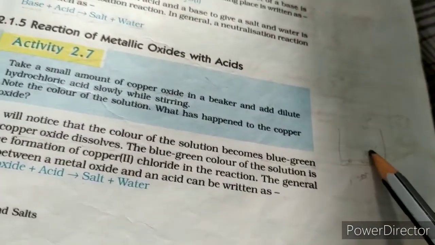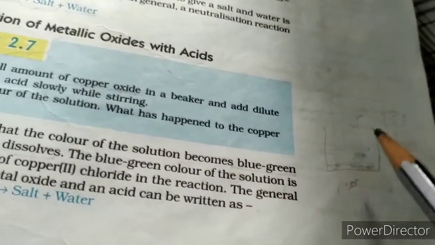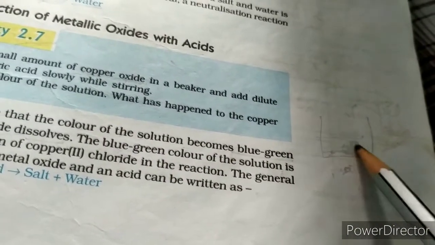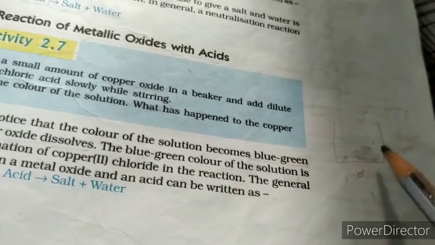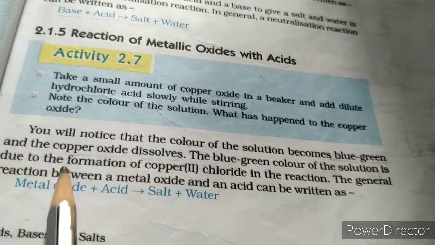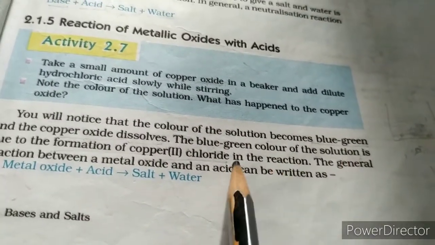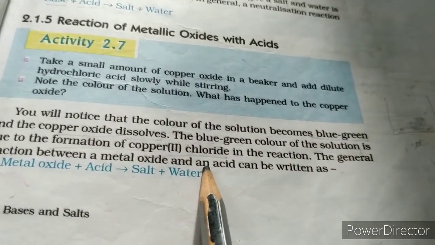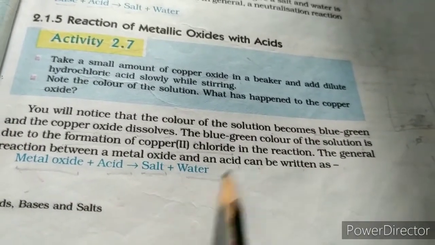Copper oxide is a solid powder, and when we add hydrochloric acid, the brown copper oxide changes to blue green and dissolves completely in the solution. The blue green color of the solution is due to the formation of copper chloride, copper(II) chloride, in the reaction. So the general reaction between a metal oxide and an acid can be written as metal oxide reacts with acid to form salt plus water.